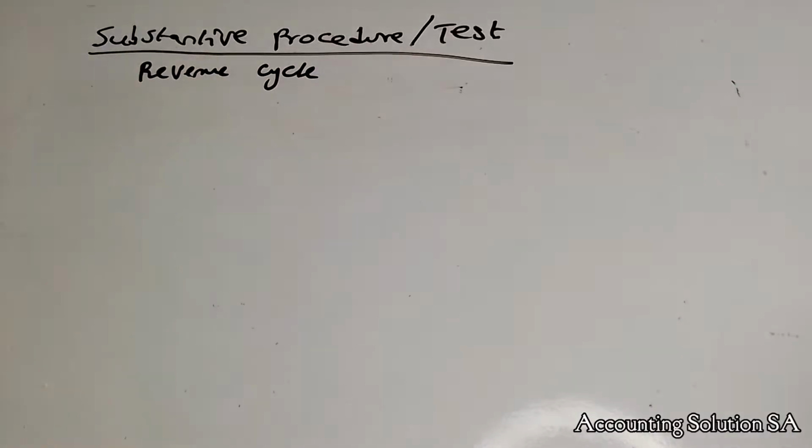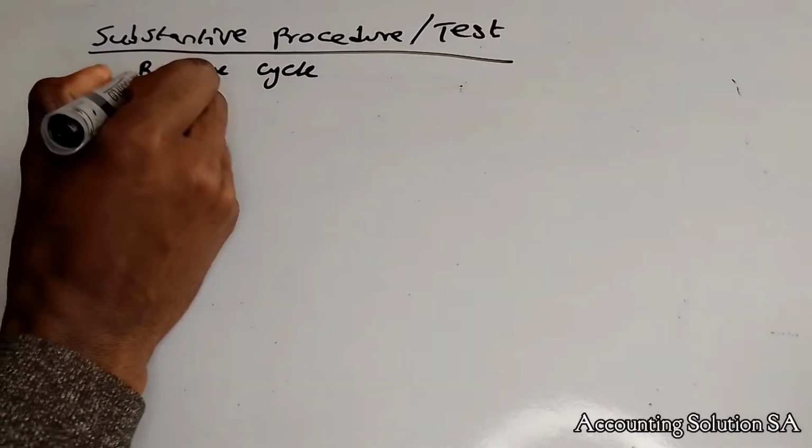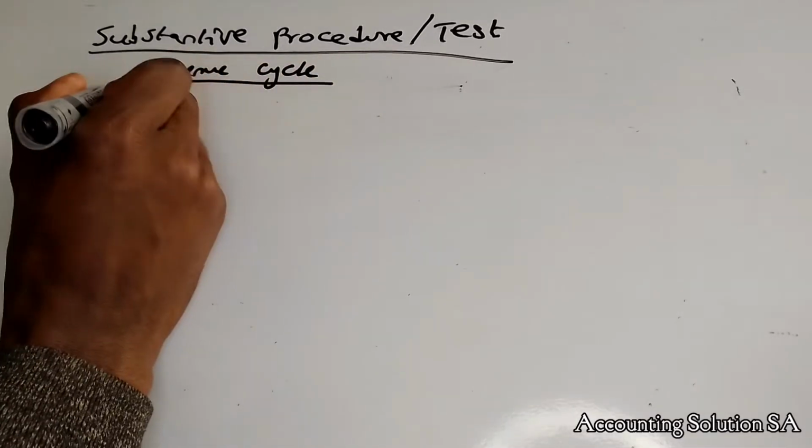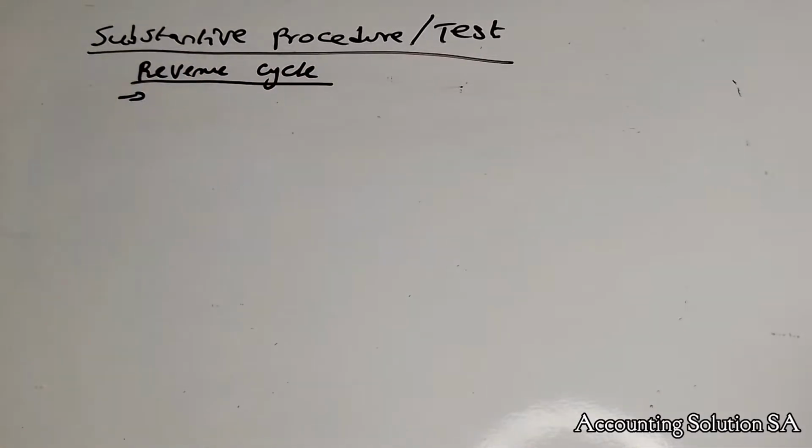So how do we perform a substantive procedure, or how do we check if there is anything that has been misstated in the revenue cycle? What I'm going to say now is a basic approach which you have to apply according to the scenario that you have been given.